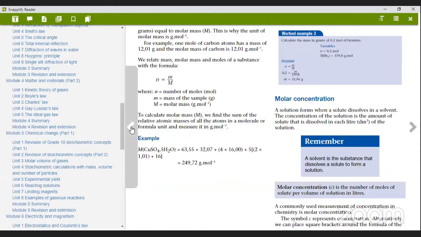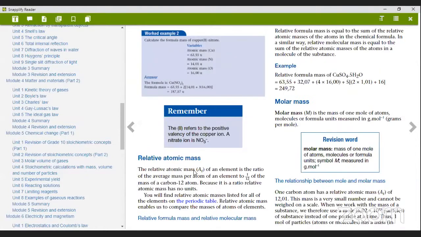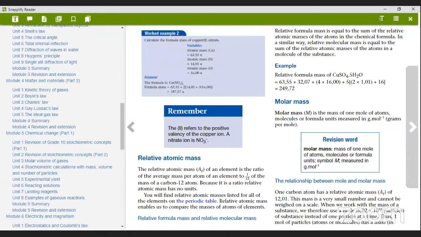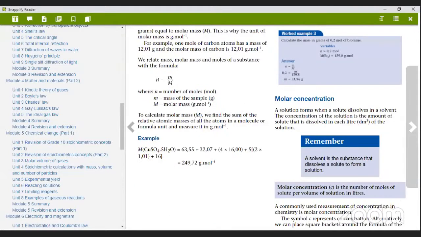Okay, let me see if I'm in the right place. Oh, I moved so fast, so quick. Okay, we're right here.